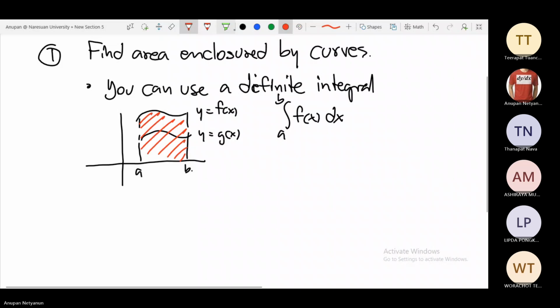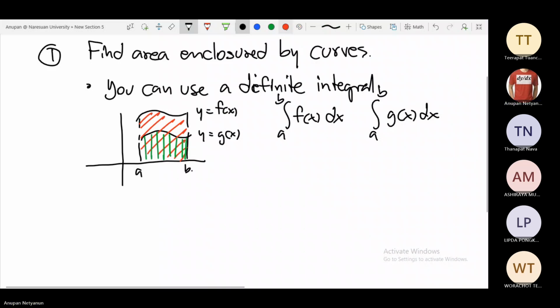Now, you know that the green area is the area under this function. So it's going to be the definite integral from A to B of g(x) dx.